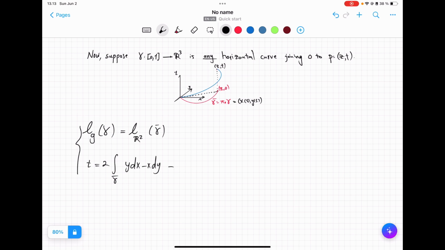And if you don't care about forms, in particular terms, this will be integrating over the domain of parameterization the quantity x prime of s y of s minus x of s y prime of s ds. And these are well-defined objects because gamma and its components are assumed to be absolutely continuous.